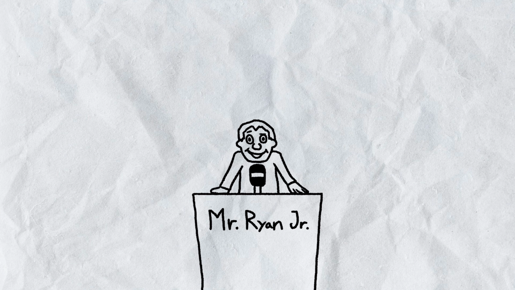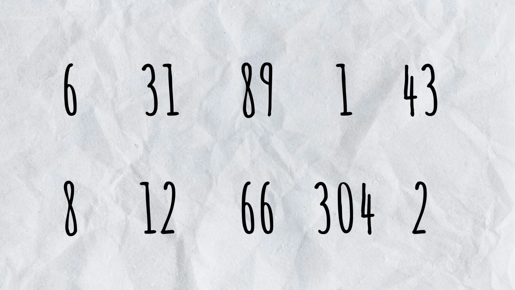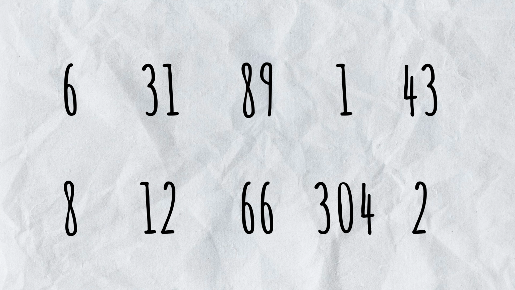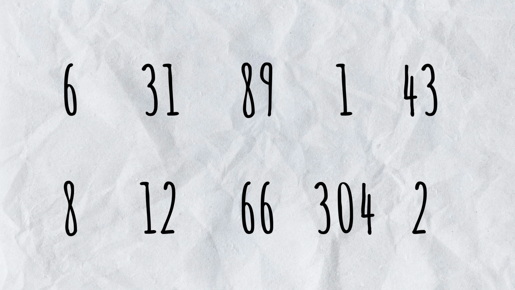Now this quiz is going to be slightly different because I am not actually going to give you the numbers for this question. Mr. Ryan Jr. is going to do the job. The only rule he has to follow is he can only pick 10 numbers maximum, or else we'll have far too many numbers. So all I want you to do is identify from the list of numbers that Mr. Ryan Jr. chooses what the odd numbers are and what the even numbers are.